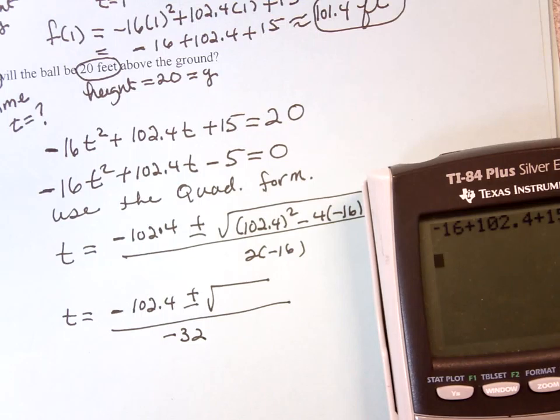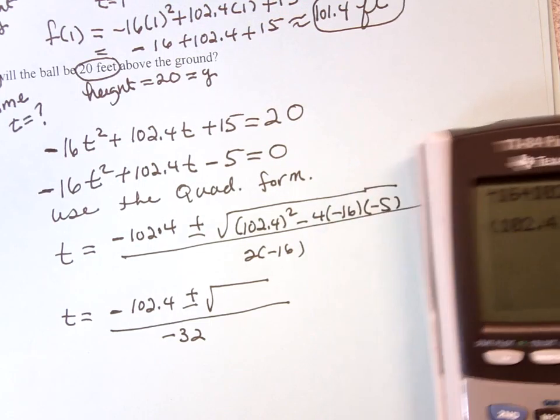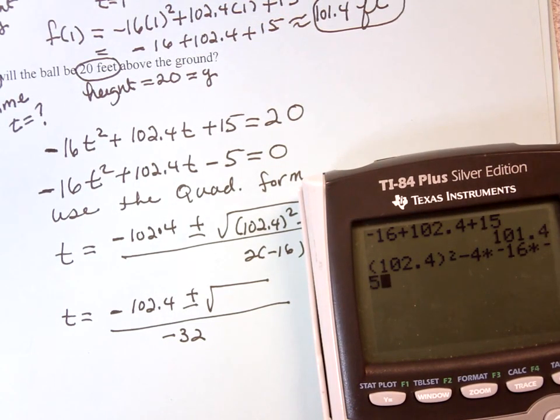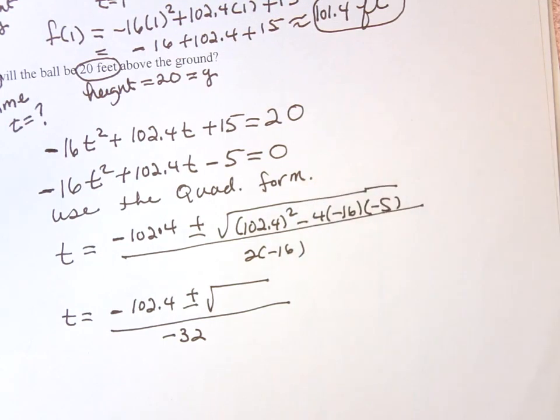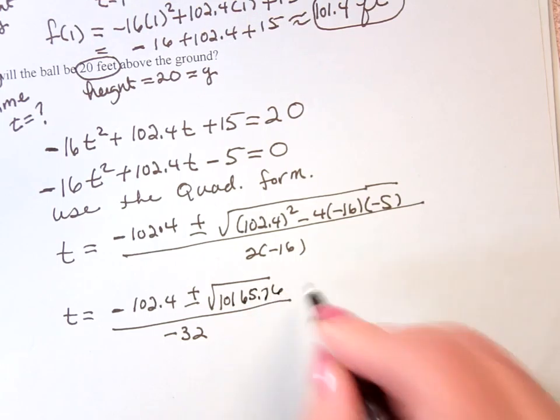And again, my handy dandy little calculator. B, which is 102.4 squared. I get into a habit of putting it in parentheses because if b is negative, it turns out to be a positive. Minus 4 times a, which is negative 16, times c, which is negative 5. And it's 10,485.76.